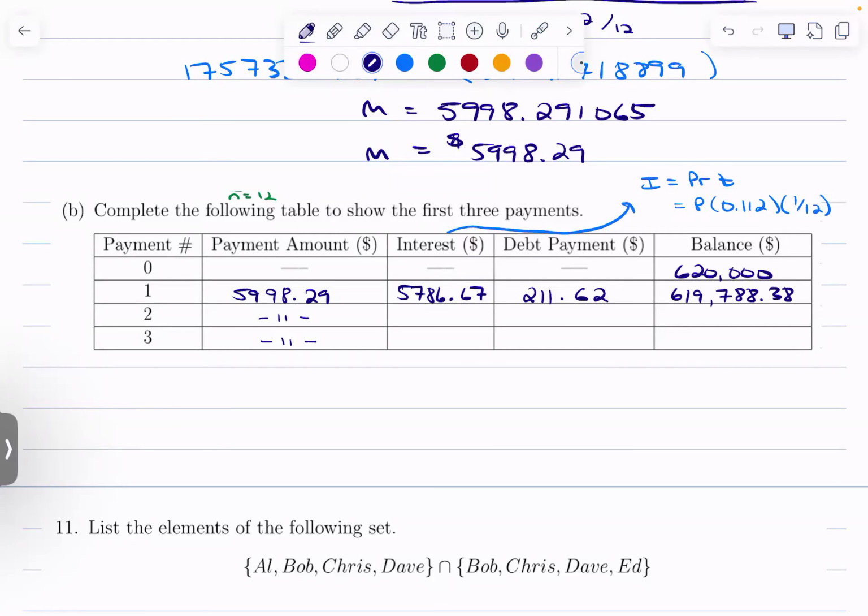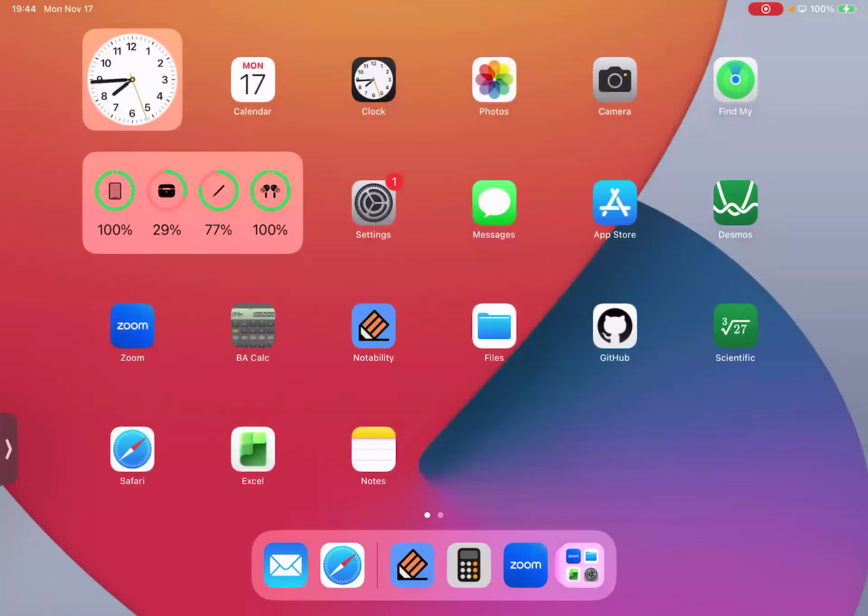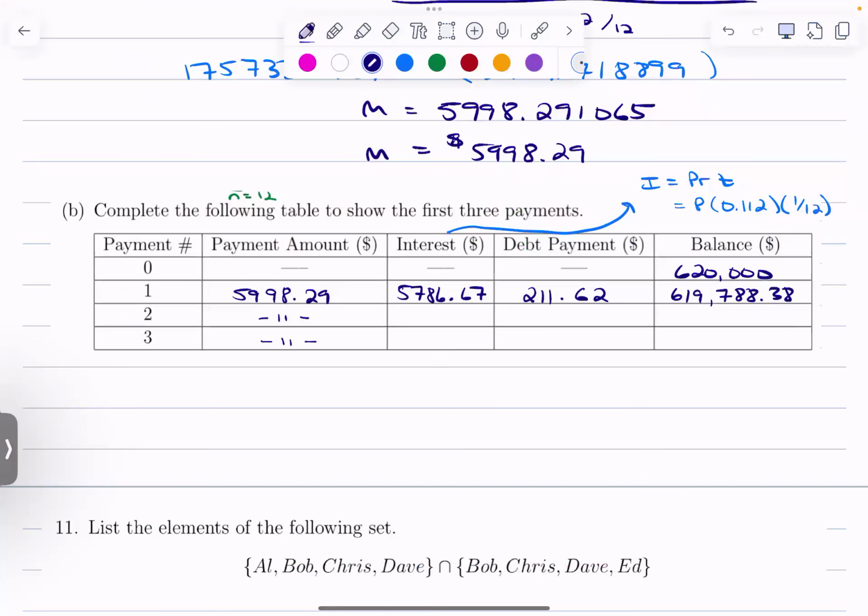Let me check the, okay. Kind of as I anticipated. I'll do the sets and counting, which are actually a lot quicker than the financial math section, in a separate video for you guys. But now this is my new P, right? And so this is what I'm paying interest on. Now I use that here times 0.112 divided by 12 effectively.